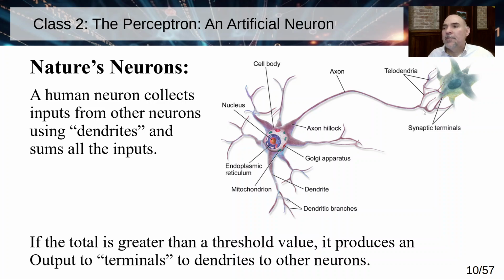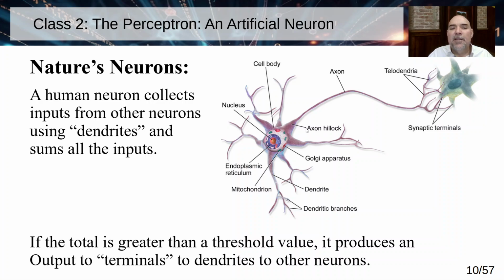And what that does is connect to these other little branches over here, and those are called the synaptic terminals, or the teledendria, meaning tele at a distance, dendria. So they're kind of like these little dendrites here, but those are the output of the cell.